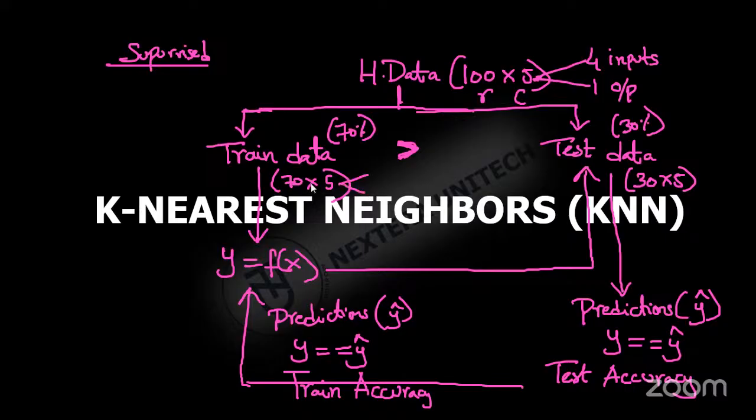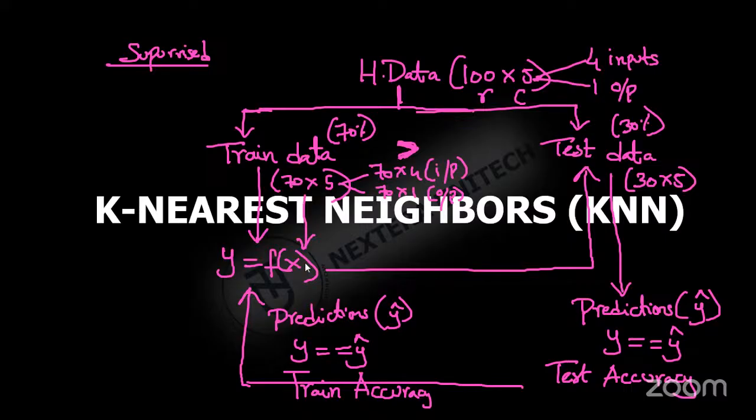Can you tell me the dimension of the inputs in train data? It will be 70 by 4 for inputs, and for output, 70 by 1. In the same way, 30 by 4 and 30 by 1. I hope you are getting the point. So, in order to train this model, this equation, we'll pass this entire data.